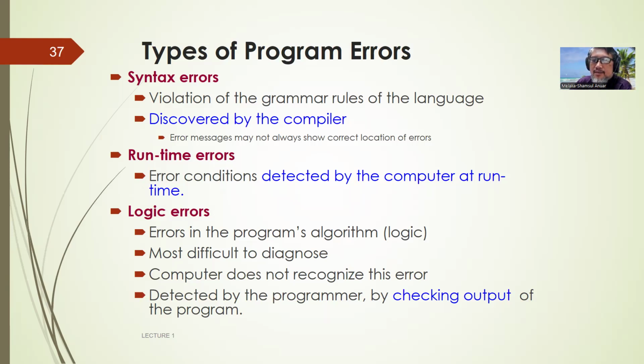And usually, when I hit the run button, it says you need to compile first. The compiler is the one that will check the code line by line to see whether there is any error or not.